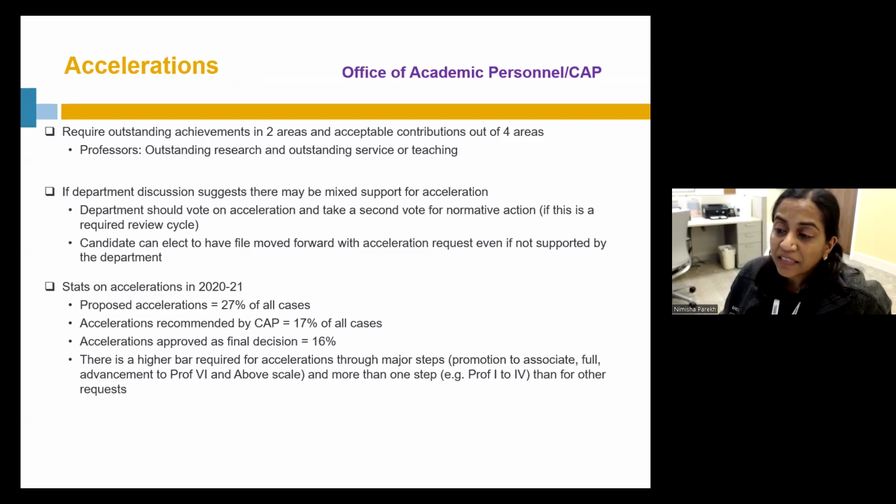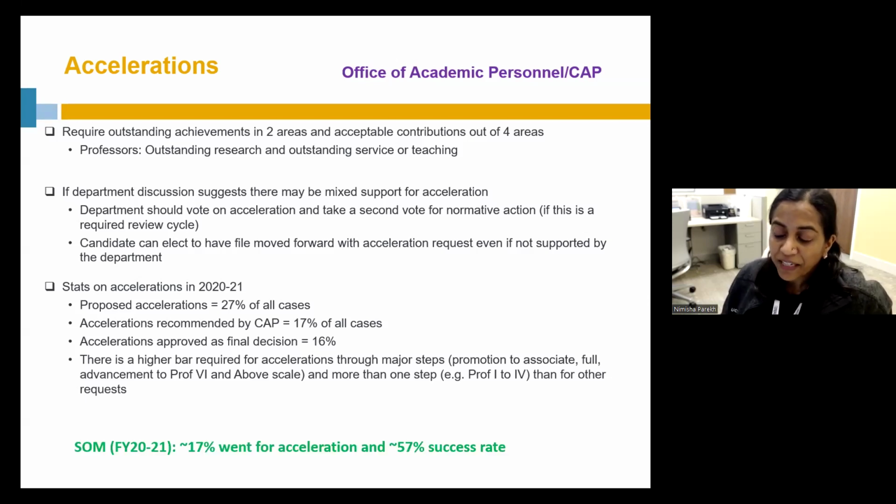Now, this is a slide that shows what the Office of Academic Personnel, the main campus, requires for acceleration. So it's really important to understand the bar is pretty high. And these stats are from all of the UC campuses, all of the departments and schools within UCI.